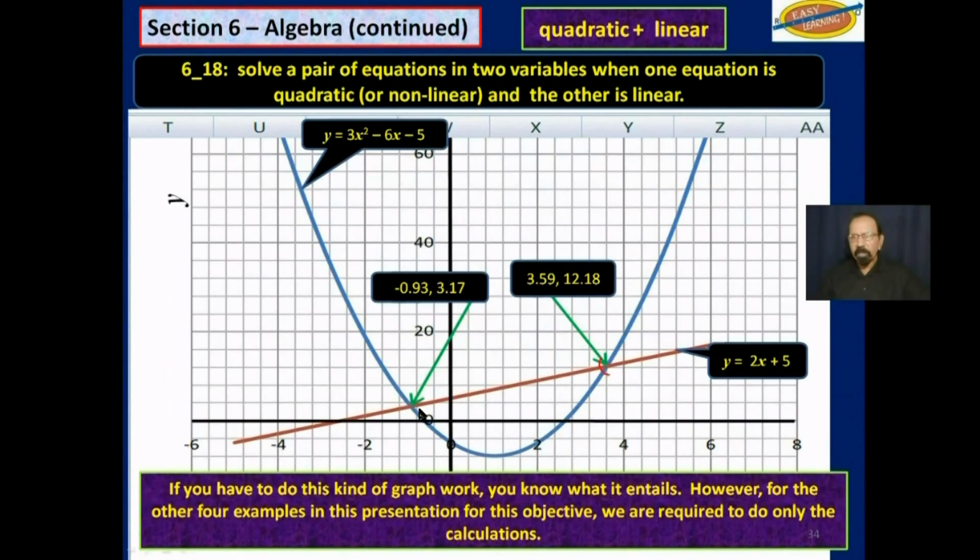It's difficult to read that point as 3.59 and 12.18, and this one here as negative 0.93 and 3.17. Now, if you have to do this kind of graph work, you know what it entails. However, for the other 4 examples in this presentation for this objective, we are required to do only the calculations. So that is what we will do.